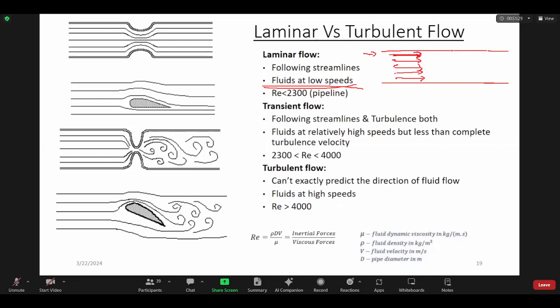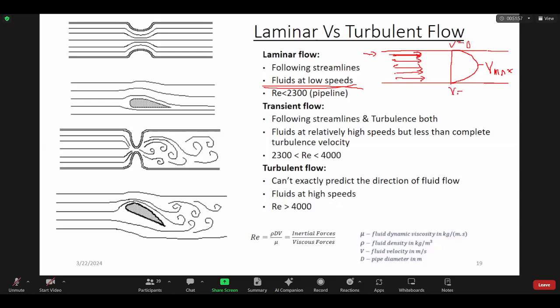I will draw the velocity profile for laminar flow. It should be parabolic. In this area, velocity should be maximum, and in this area velocity should be minimum.